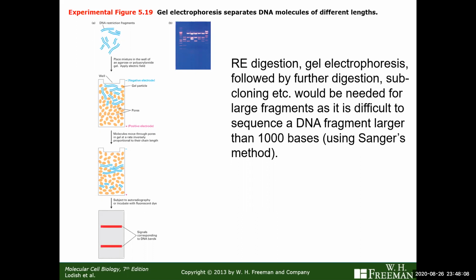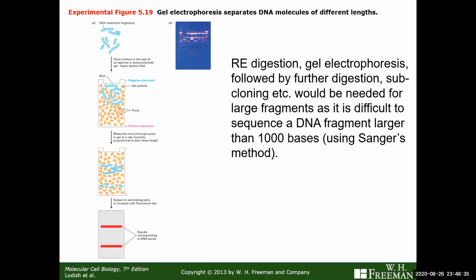It's the same kind of gel that is used for protein, but polyacrylamide gel is also used for separating DNA. Typically the fragment size will range between 30 to 300 bases, but the resolution is such that even if they vary in size by one nucleotide, you will be able to tell.